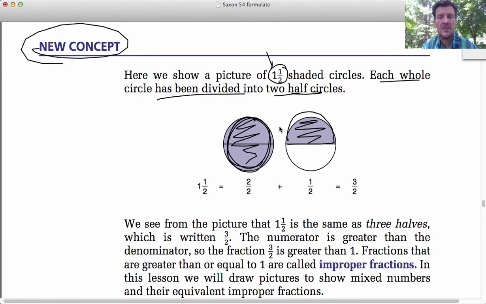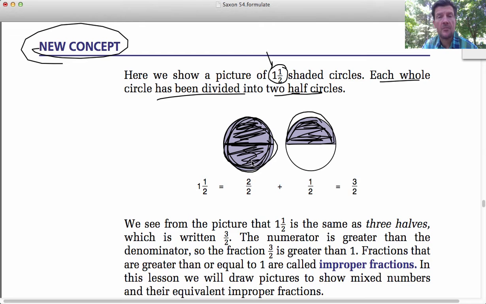And the reason for that is because since this one is divided into halves, and a half of it is shaded, then we might want to divide this other one into half to count how many halves are shaded. So this one that is completely shaded, we divided it into half as well, and we notice that we've got this half and the second half.